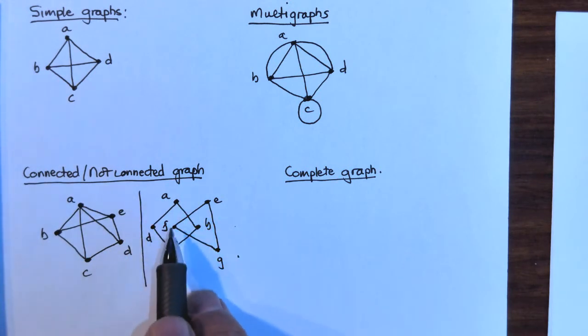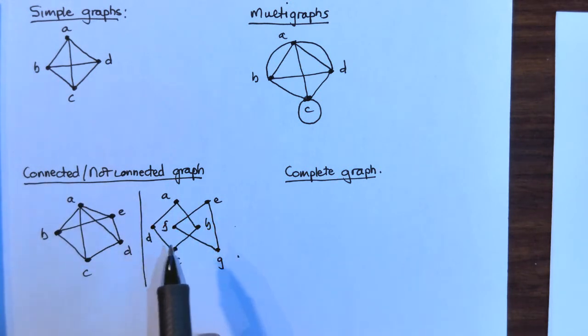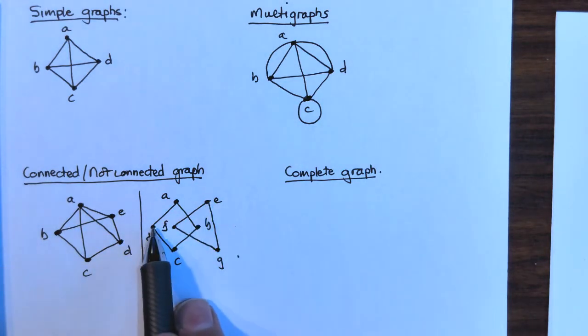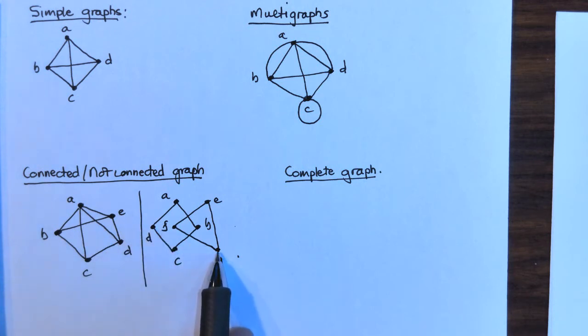This is important: a graph that is not connected can be thought of as two separate graphs, where there's no pathway from E to D or G to C.